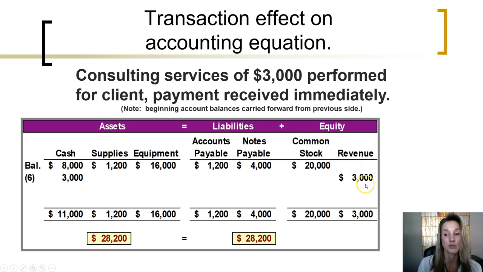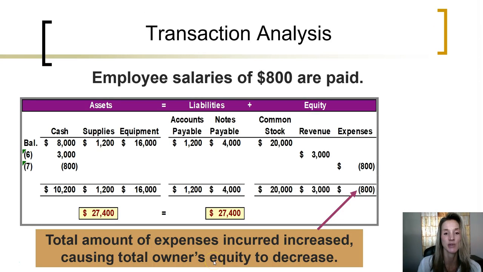The amount of revenues earned have gone up, so we are going to increase the revenue account. And because we received cash right away, cash also increased, so we need to increase our cash asset account. Total assets of $28,200 equal total liabilities and equity of $28,200. Equation remains in balance.